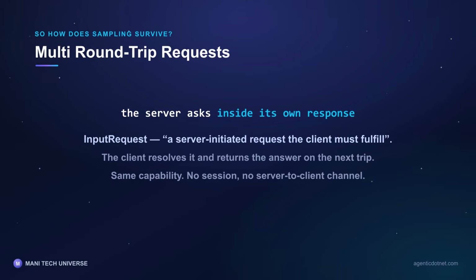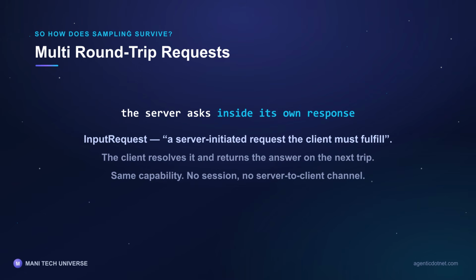If a stateless server cannot make requests, how does sampling work at all in the new world? The answer is a mechanism called multi-round-trip requests, and the SDK names it directly as the replacement. Instead of pushing a request down a session, the handler suspends and returns an input request as part of its own response.